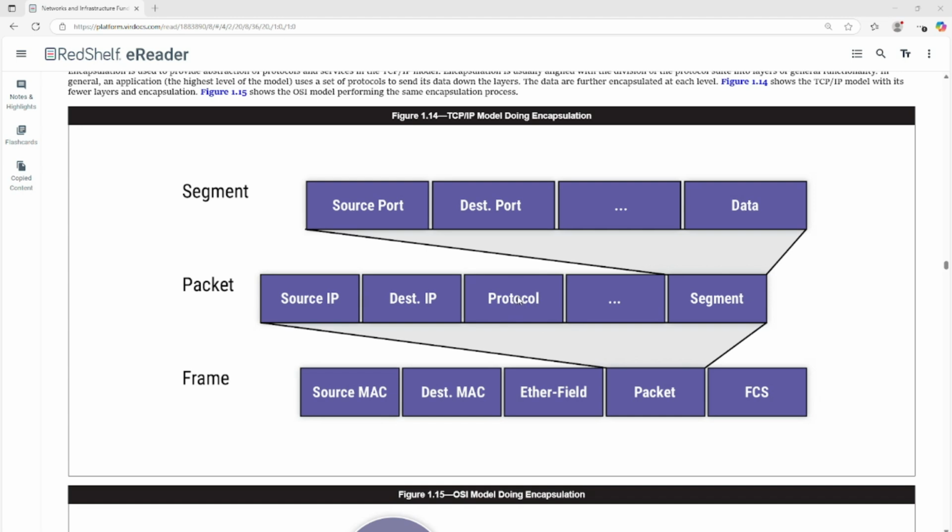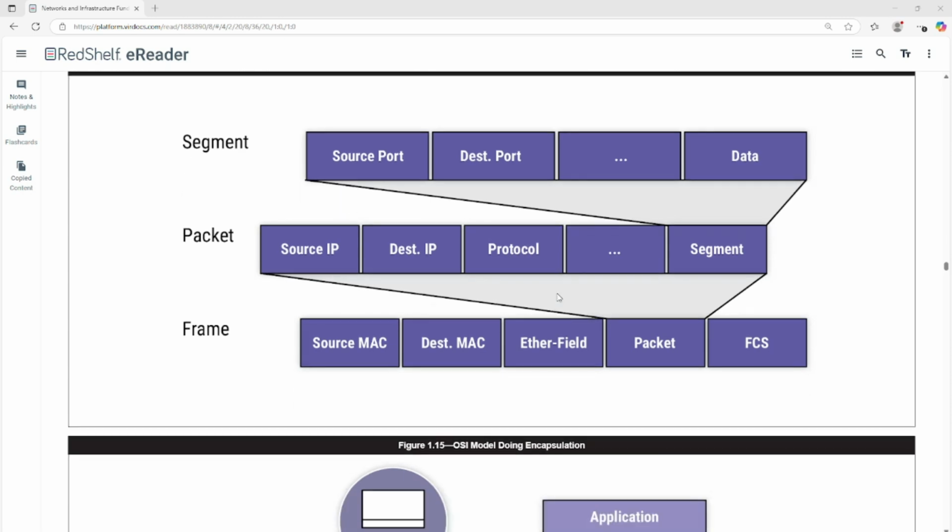Talking about protocol here, it's pretty much like TCP, Transmission Control Protocol. It's called a packet, and that's how I get into the frame. In the frame you've got the source MAC address and the destination MAC address, the Ethernet field, and the frame check sequence.